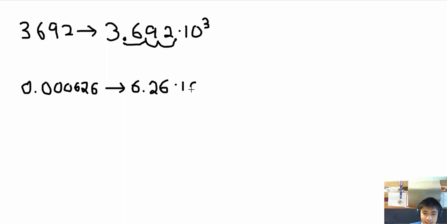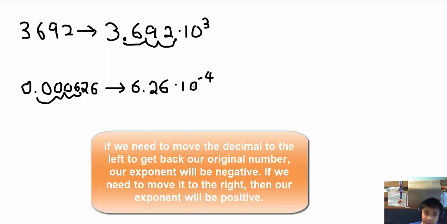Now let's determine the exponent here. The decimal point is after the first 6, so we have our decimal point here. We move it 1, 2, 3, and 4. So it'll be 10 to the negative 4th. Now, if we're moving the decimal to the left side, then we have a negative exponent. If we're moving it to the right side, then we have a positive exponent.